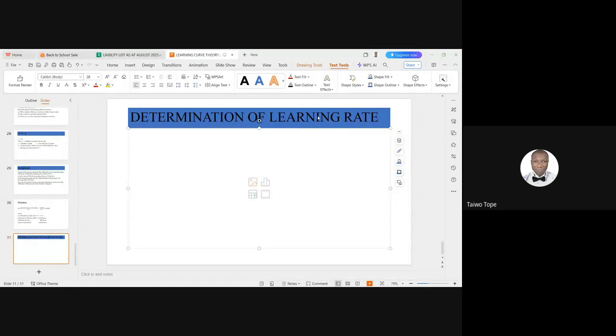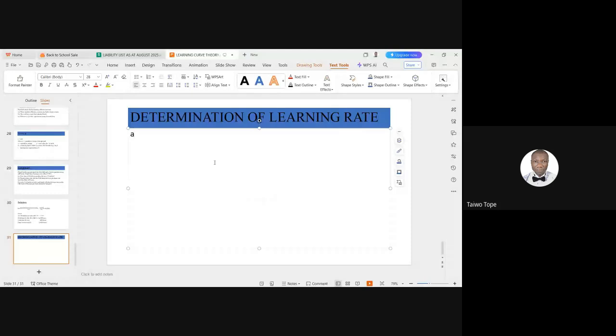So for you to determine the learning rate, how do we determine learning rate in a question? We can determine learning rate using a formula. That is, we can have a formula in this form.